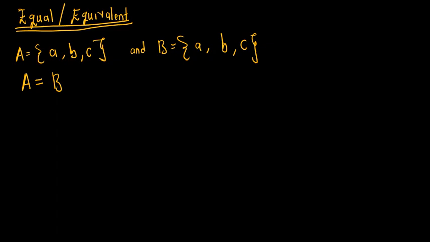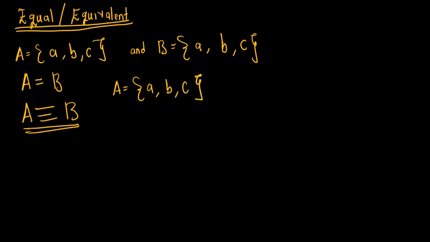At the same time, we use these symbols to show equivalence. If we assume we have A, B, C in set A, then in set B we put A, B, D. It is not true, because this doesn't hold.